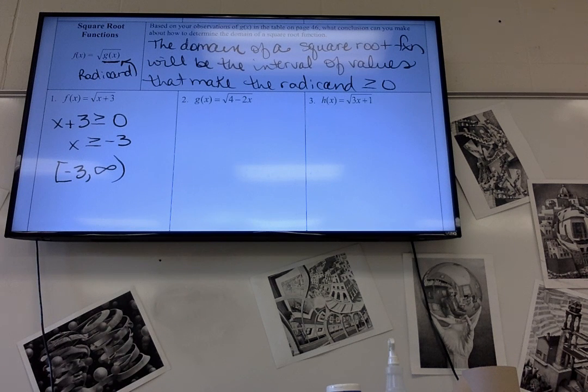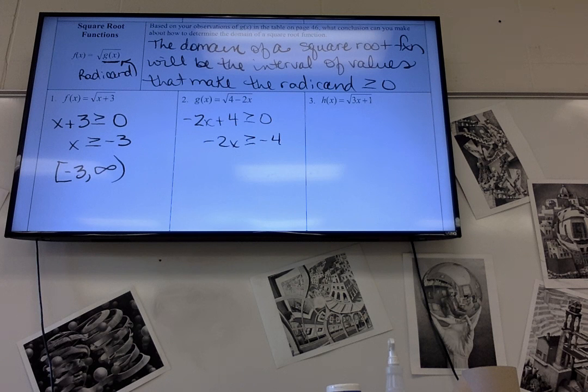Okay, so Tyler, how are we going to figure this out? What do we do? Number 2? So I put negative 2x plus 4 is greater than or equal to 0. And then I subtracted 4 from both sides.